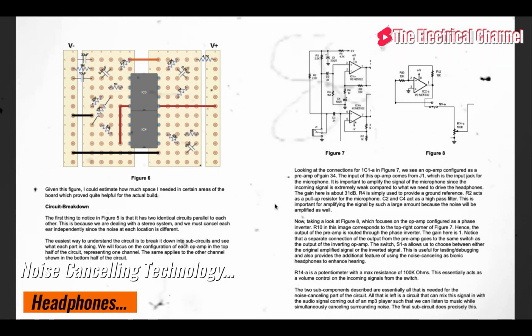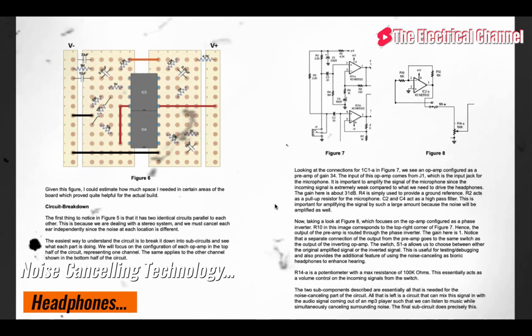The easiest way to understand the circuit is to break it down into sub-circuits and see what each part is doing. We will focus on the configuration of each op-amp in the top half of the circuit, representing one channel. The same applies to the other channel shown in the bottom half of the circuit.